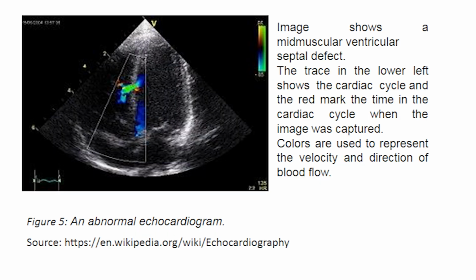Figure 5 shows an abnormal echocardiogram. The image shows a mid-muscular ventricular septal defect. The trace in the lower left shows the cardiac cycle, and the red mark shows the time in the cardiac cycle when the image was captured. Colors are used to represent the velocity and the direction of the blood flow.